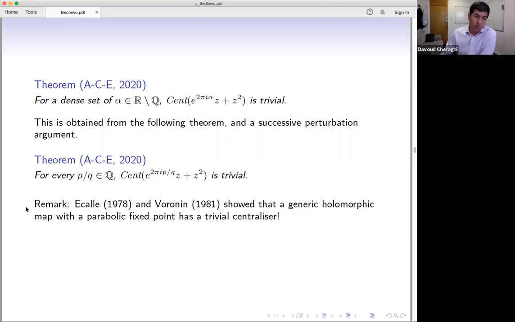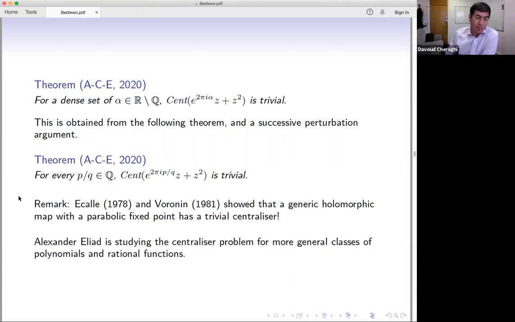But to go from here to here, you need a fixed nonlinearity, and then say that for infinitely many rational values you have a trivial centralizer. So it's slightly different from this statement, but that is the least you need in order to use this approach to get this result.